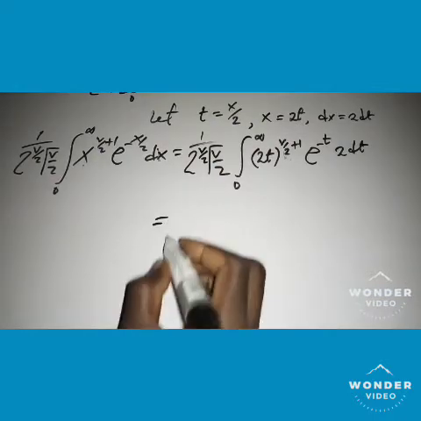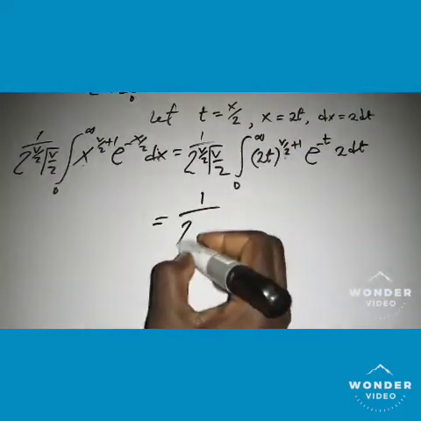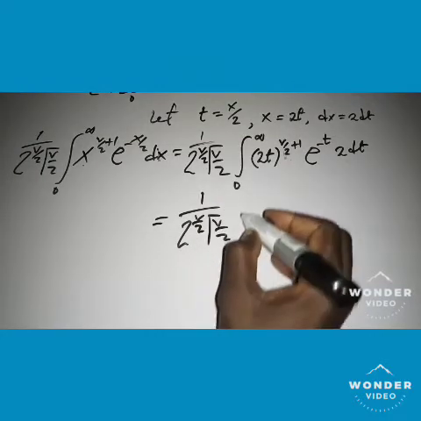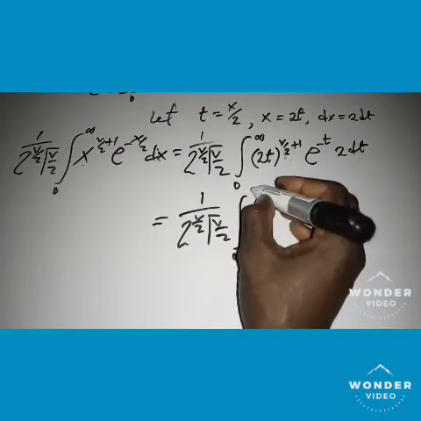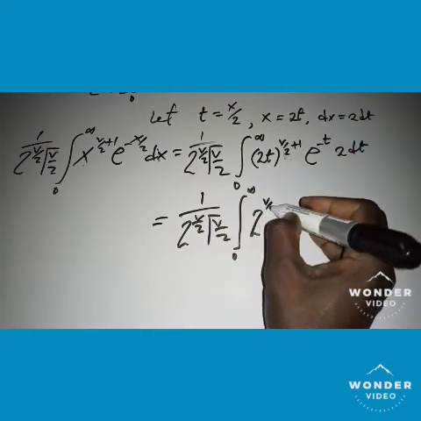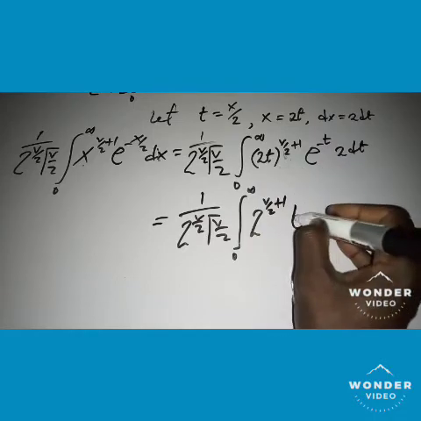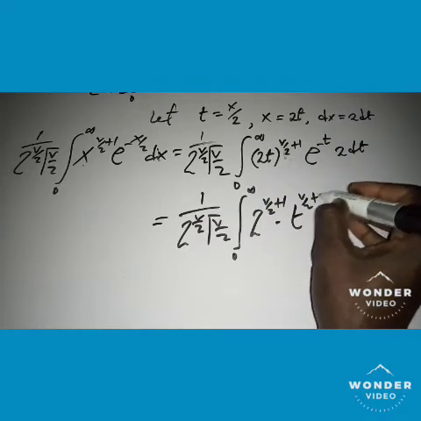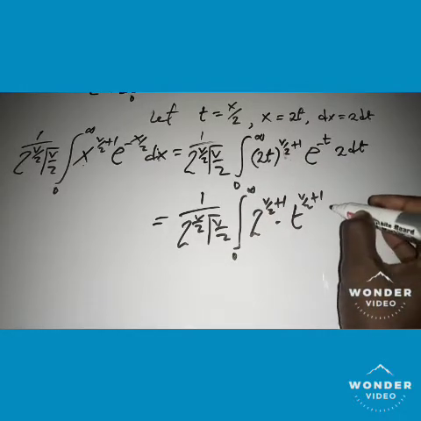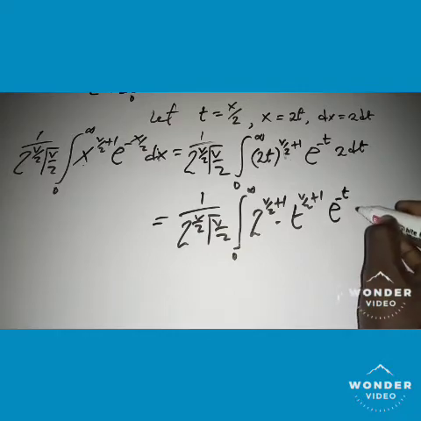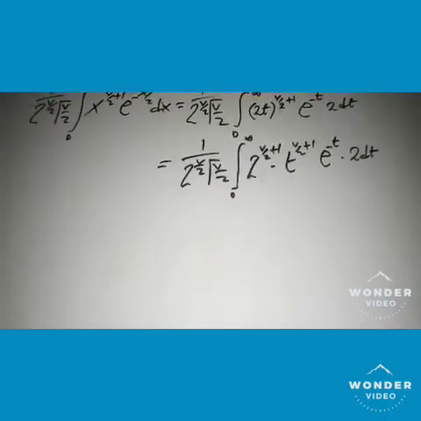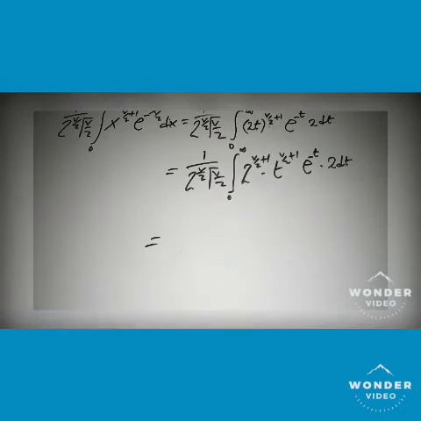So this gives us the constant 1 over 2 to the power of v over 2 gamma of v over 2, the integral from 0 to infinity of 2 to the power of v over 2 plus 1, and then t also to the power of v over 2 plus 1, by splitting it, then e to the power of negative t times 2 dt. So I will group my constants and bring them out.